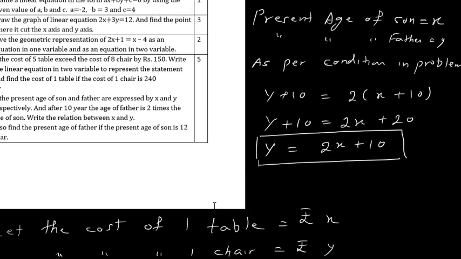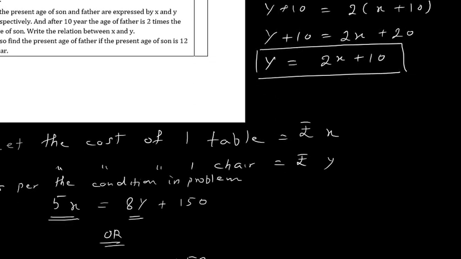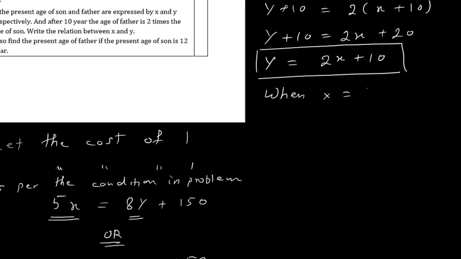Now find the present age of father if the present age of son is 12. So the present age of son, that is x, is given as 12. So when x is 12, y is 2 into 12 plus 10. 2 twelves are 24 plus 10, that is 34.